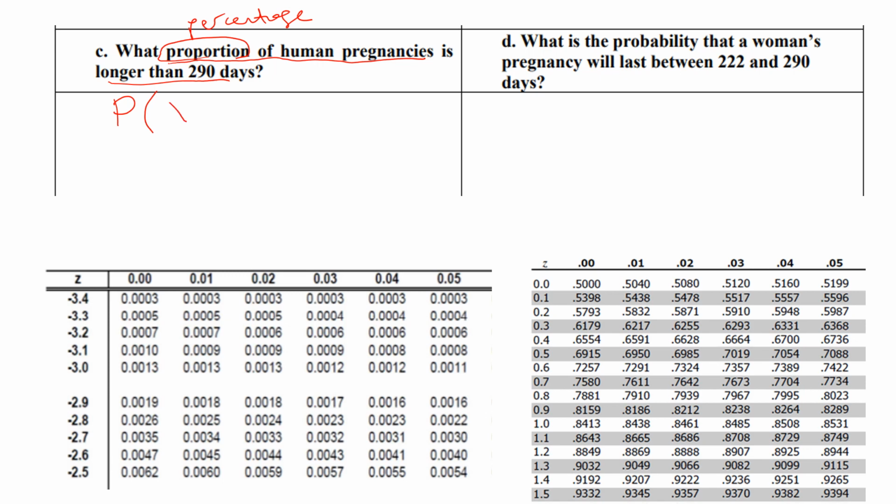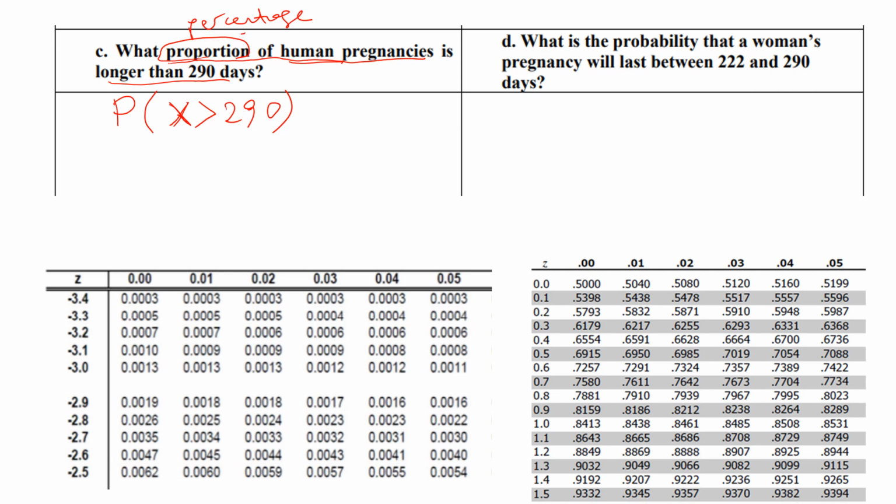So you can say this as the probability that X, a human pregnancy, is bigger than 290. Or, the same way, this corresponds to the percentage of human pregnancy X values that are bigger than 290. Now, in order to solve this question, you have to convert this to Z.